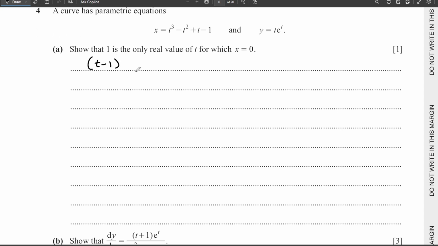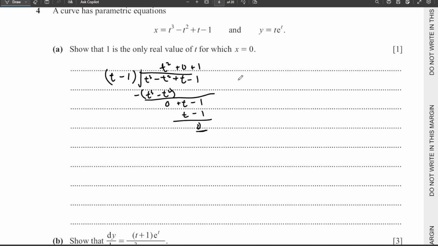Obviously, you can use synthetic division or whatever method you have learned, but I will use the long division method. Once you have completed the division, this will yield that x of t has the root they're giving you, and then also the factor that you found, which is t squared plus 1.